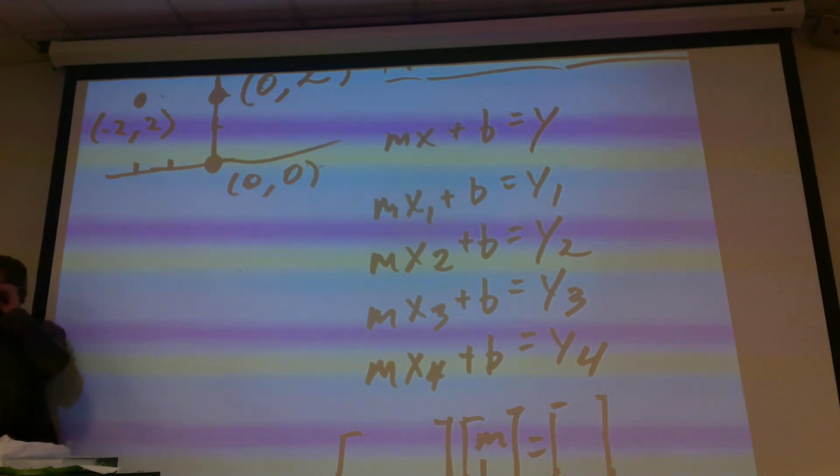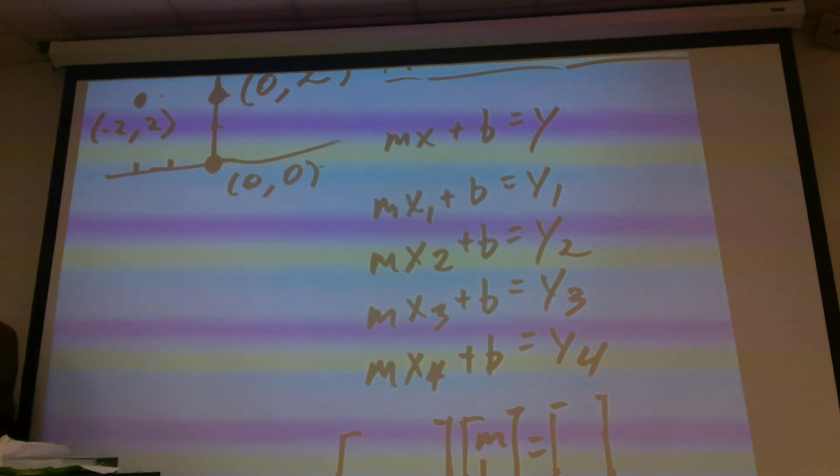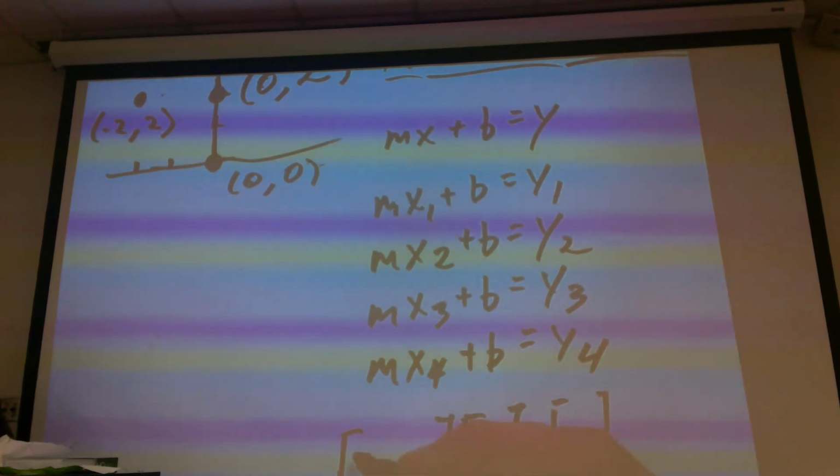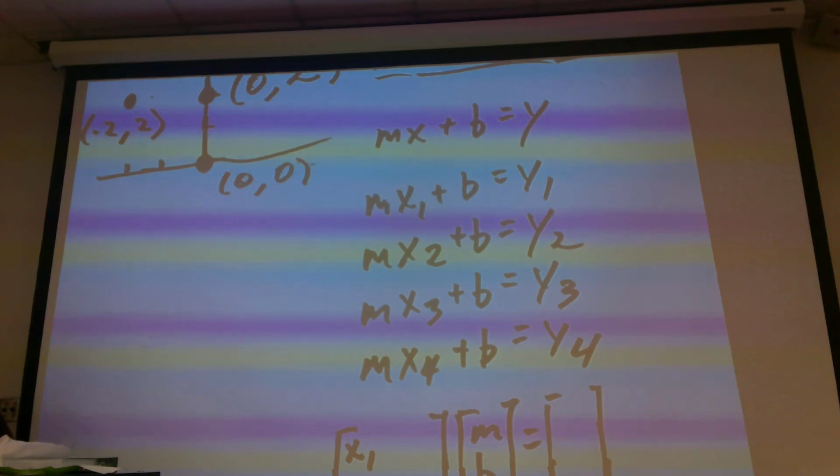Now, when this matrix acts upon m and b, the x values are going to hit the m's, so that would be x1, x2, x3, and x4, and then 1, 1, 1, 1, equals y1, y2, y3, and y4.